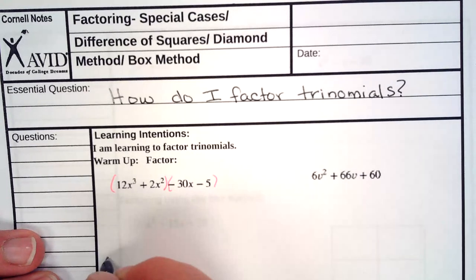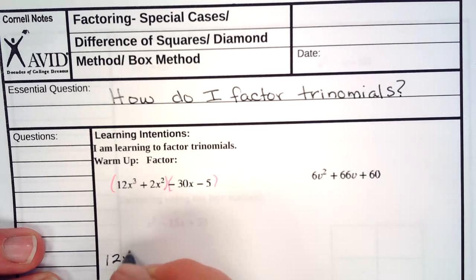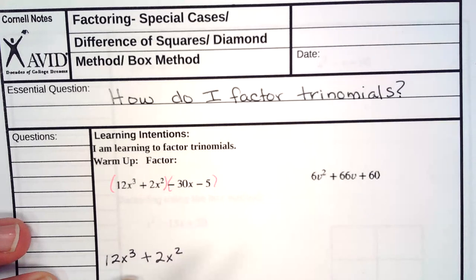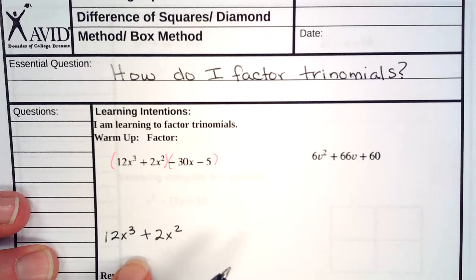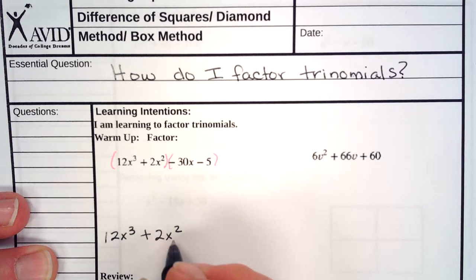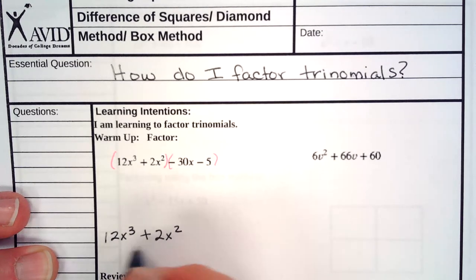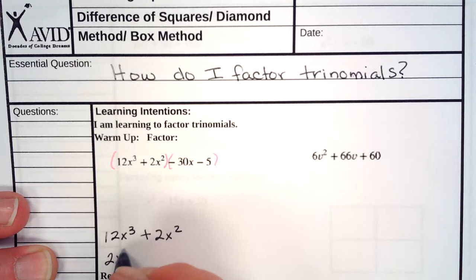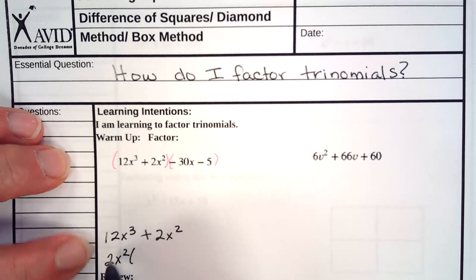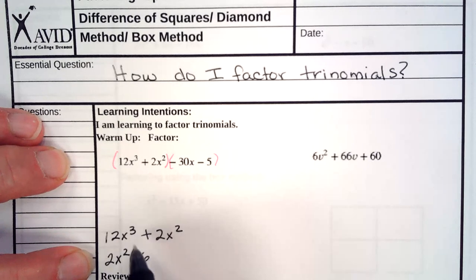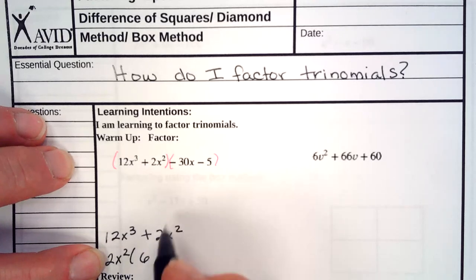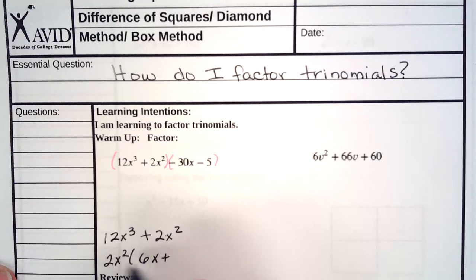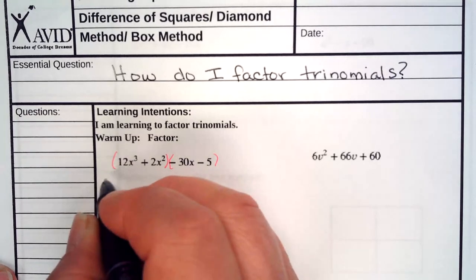So if I'm looking at 12x to the third plus 2x squared, what can I factor out of both of these terms? 2x squared, because x squared is the smallest exponent and 2 is the largest common factor. 12 divided by 2 is 6. X to the third divided by x squared is x. Plus 2x squared divided by 2x squared is 1.